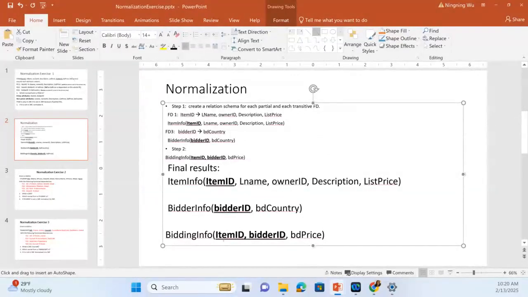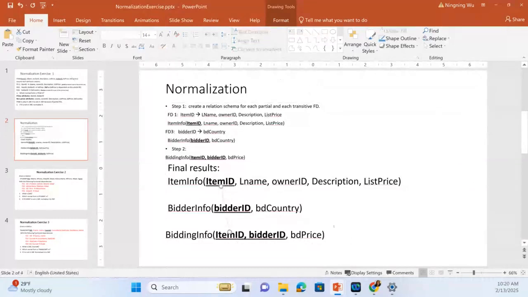In this example, for each relation we only have one key, and that key is underlined as the primary key. So we can tell that bidding info has item ID, and this item ID should be the foreign key referencing the item info's item ID.